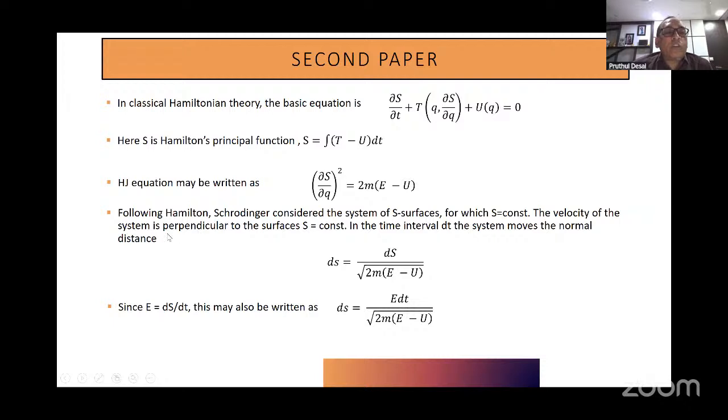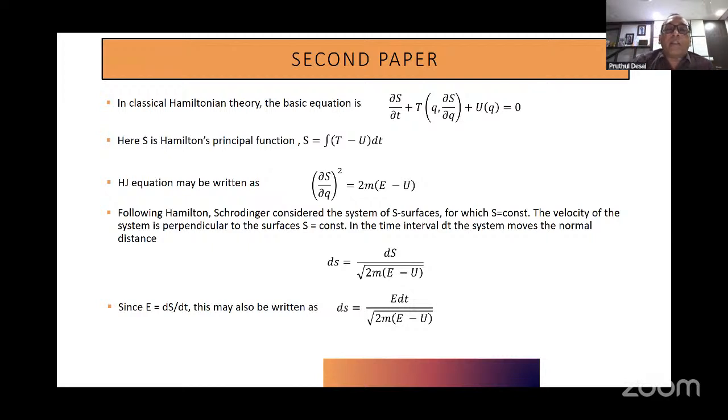So the velocity of the system is perpendicular to the S surfaces where S is equal to constant. So this is similar to, if you recall, the Huygens construction. So in Huygens principle, you have a wavefront and all the points on the wavefront are sources of secondary wavelets. These secondary wavelets propagate in the forward direction. So that's how a wavefront propagates in a direction perpendicular to it.